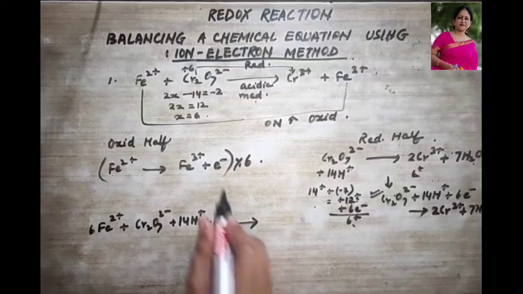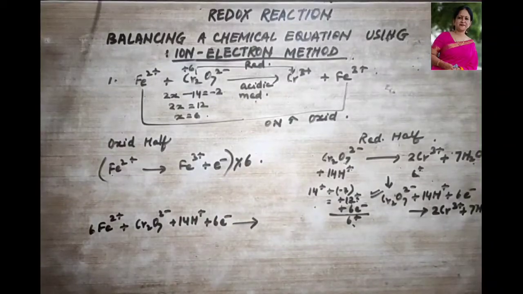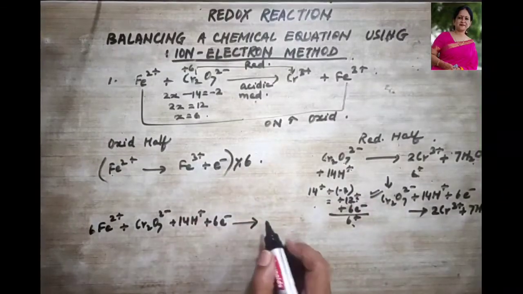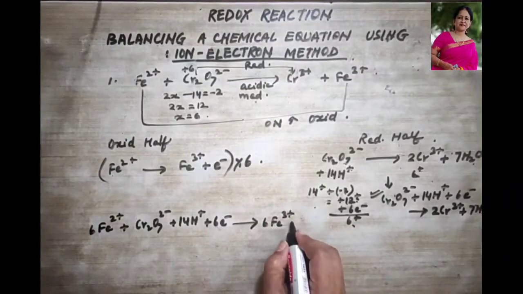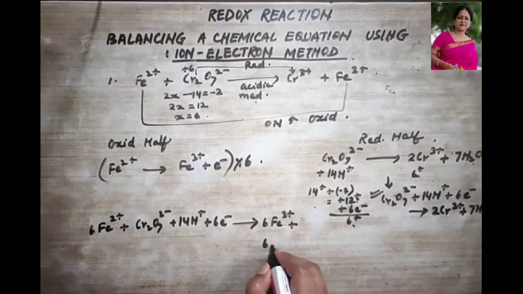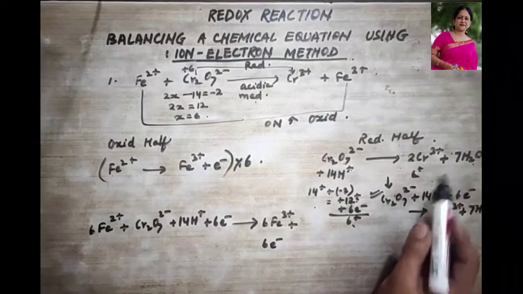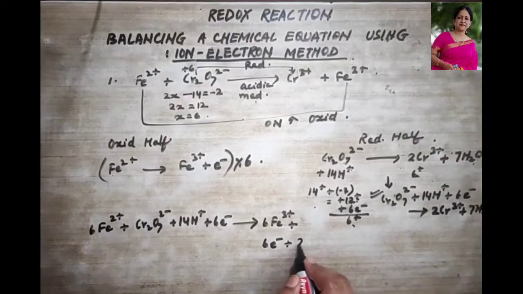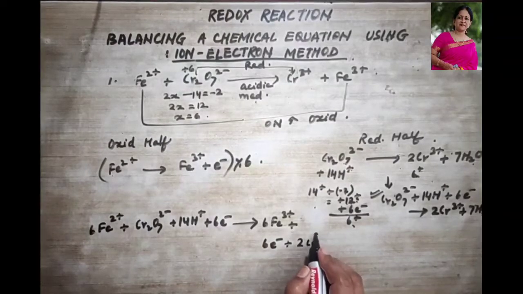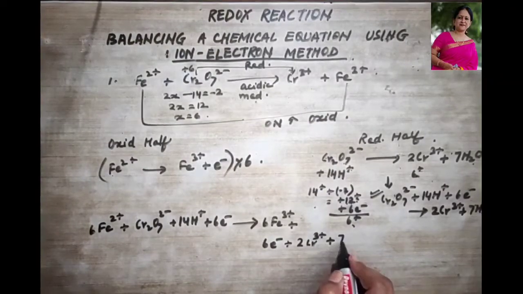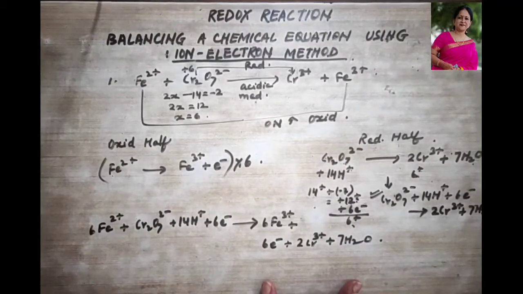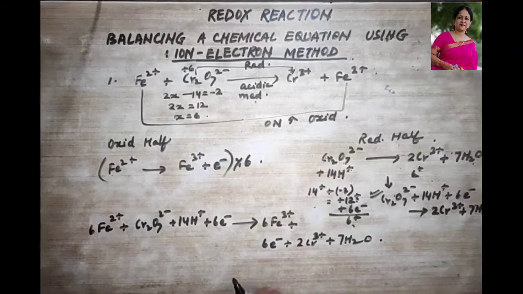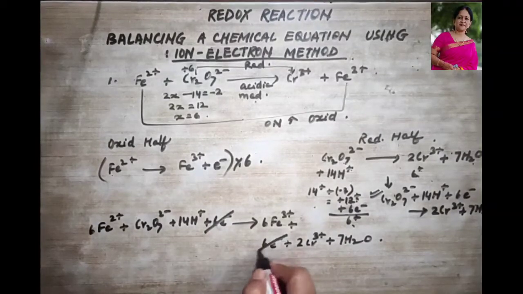This is going to give now, let's take the product side of each half, 6 Fe3 plus plus 6 electrons plus what is there? Plus 2 chromium 3 plus 7 H2O. Okay, so this is what we have. Now let's see what all gets cancelled. 6 electron gets cancelled, right?